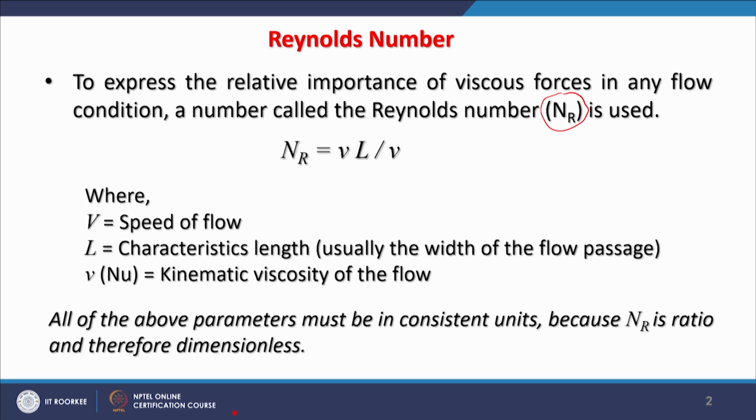All the above properties must be in consistent units. The units of all these properties have to be the same, because N_R is a ratio and therefore it is dimensionless. This has to be remembered: it is a dimensionless quantity, because it is a ratio.